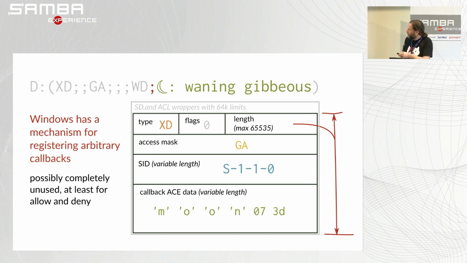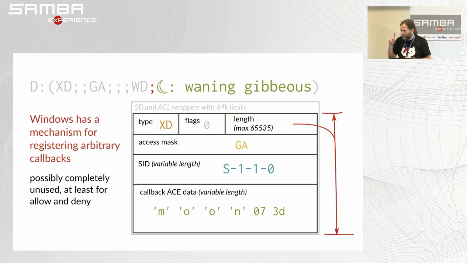Then you could register this syntax, and this is what I'm guessing, because I don't really care about the callback part of it, just saying this is what you could probably do. Then it would put some junk there, and when it came along, it would read this and say, oh, I know that callback, that's a lunar cycle callback, and it would do the thing.